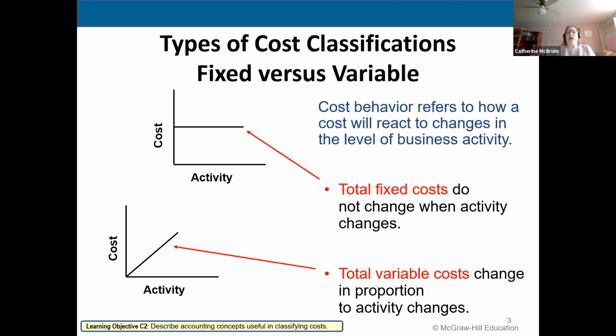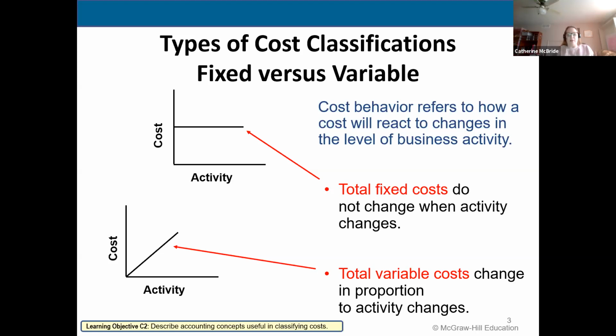Now let's look at the other side of this behavior. So going back to a fixed cost, it doesn't change no matter what our activity level is. However, we look at fixed costs as being, they don't change when activity changes, but our per unit cost does change.